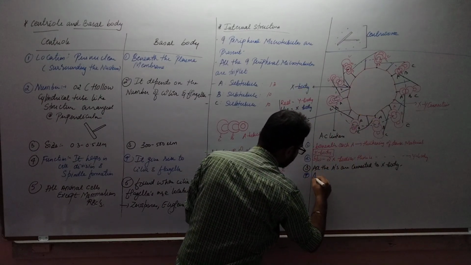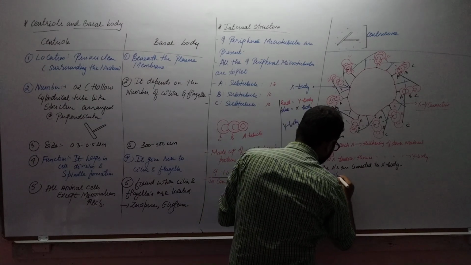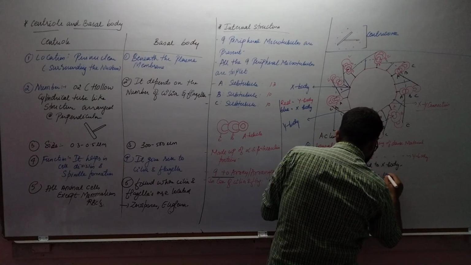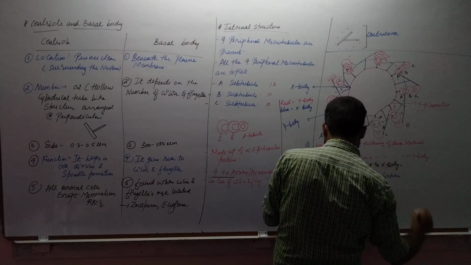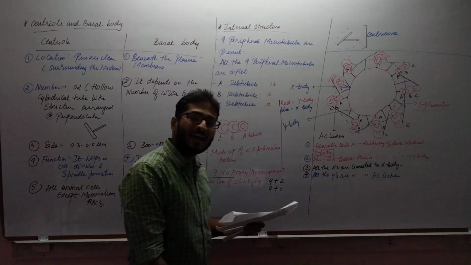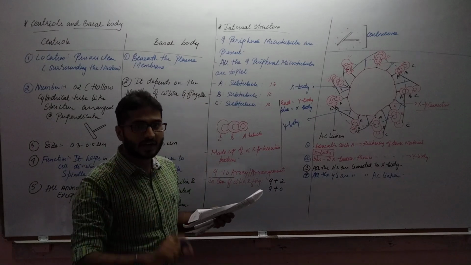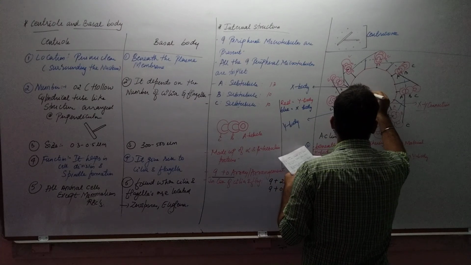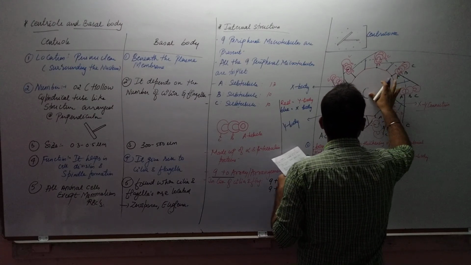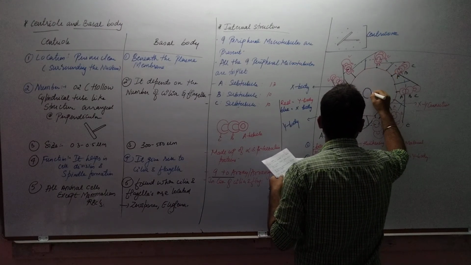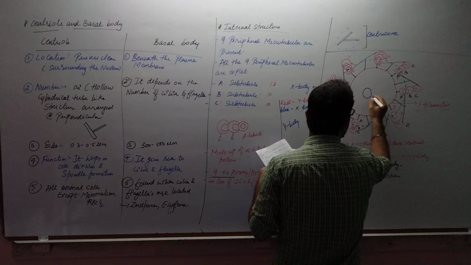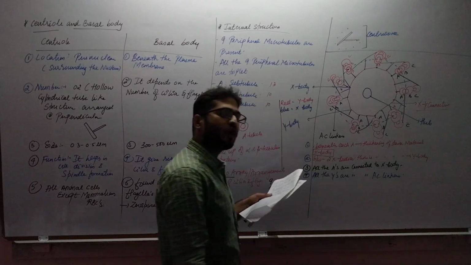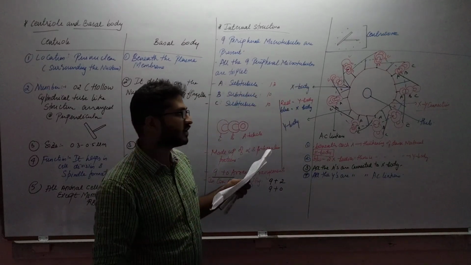So fourth is all the Y are connected to AC linkers. Now from X body there arises a radial spoke, and in the center there is one proteinous structure. This structure is what we call the hub. From X body the radial spokes arise.